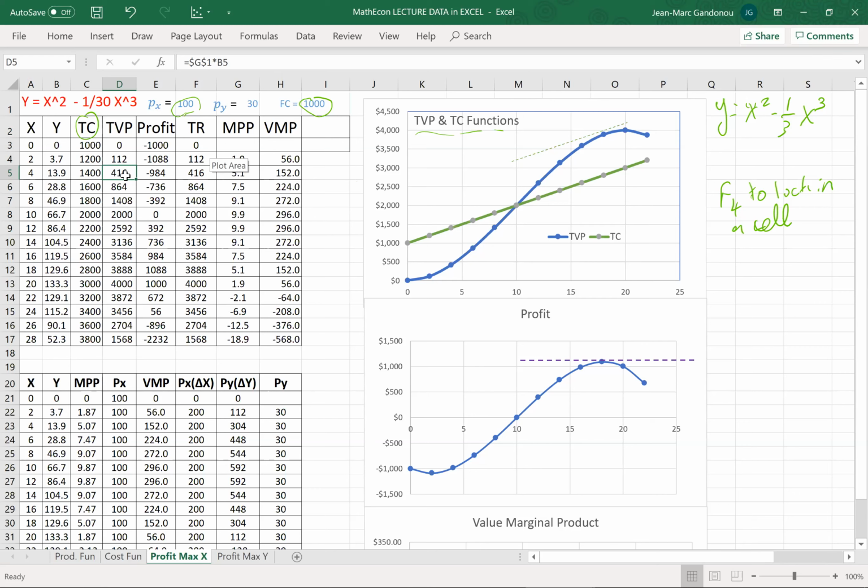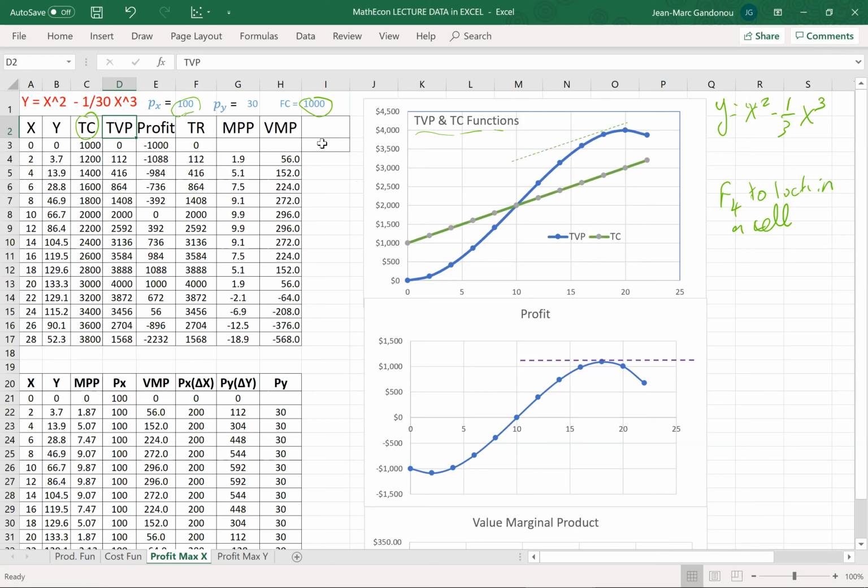Oh no, it's not total variable cost, of course. It's total value product. Okay, so we need the total value product, because we're going to graph it here.